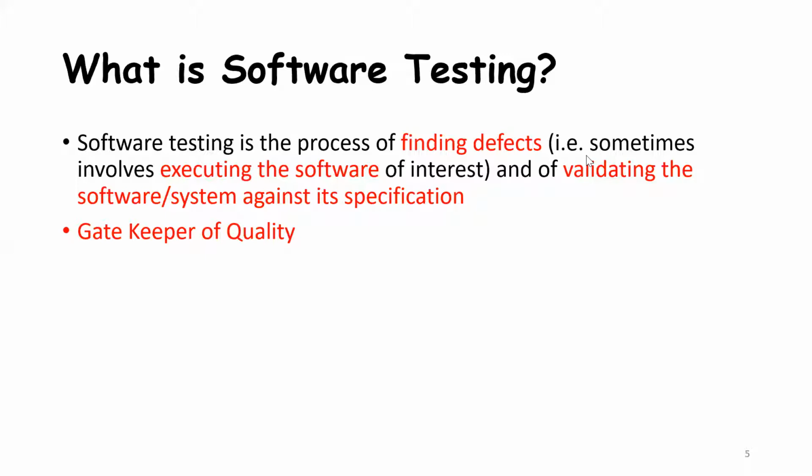So we really have to compare the expected value with the actual behavior. Then you can know whether the testing has passed or failed. So really, testing is the gatekeeper of quality. In other words, if you specify the quality, and you conform to the specification, then you can say that the software you have is of some quality.